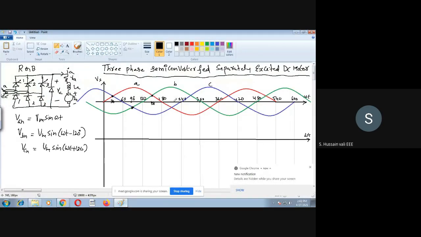On this intersection is 210, and this intersection 270.